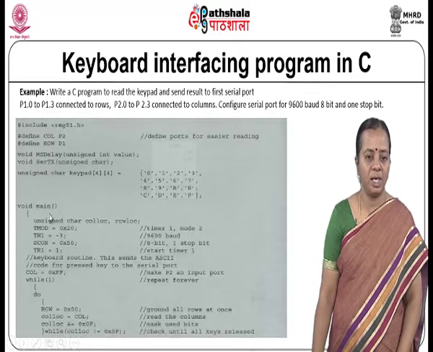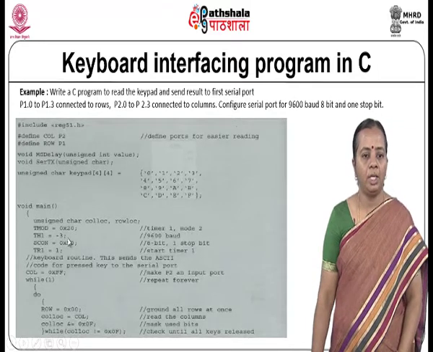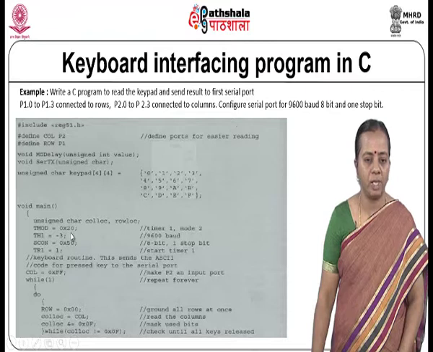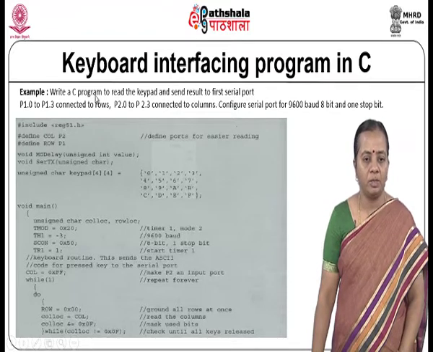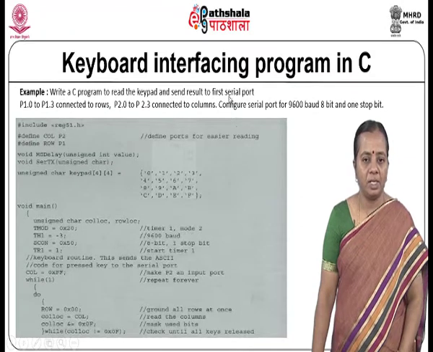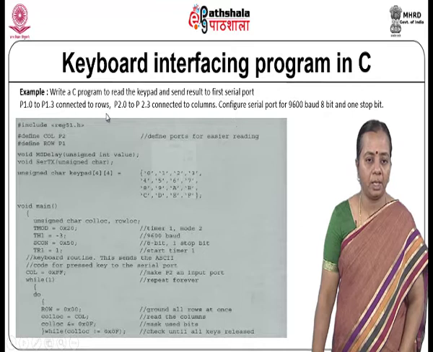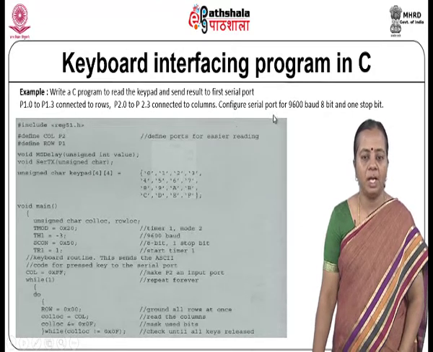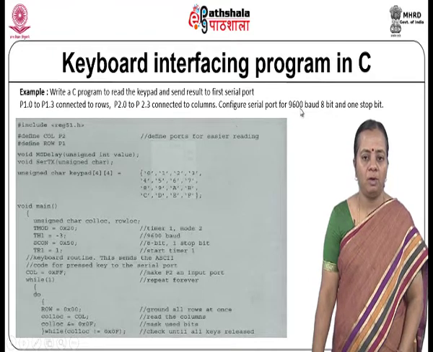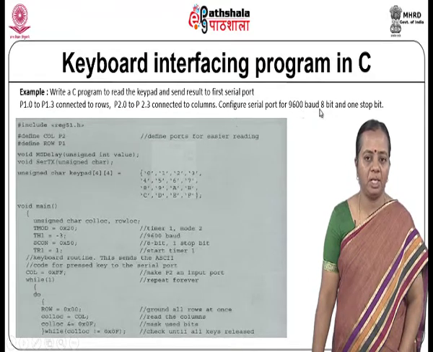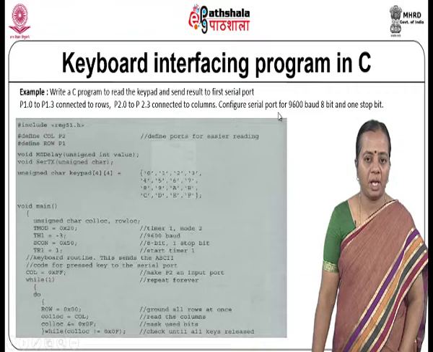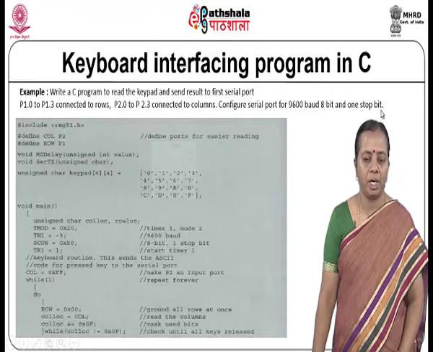Now you just see that this is the main code where TMOD is 0x20. We wanted to first read the keypad and send the result to the serial port. In this, P1.0 to P1.3 is connected to rows, P2.0 to P2.3 is connected to columns, and the serial port is used for displaying LCD data in serial communication with 9600 baud rate, 8 bits and 1 stop bit.